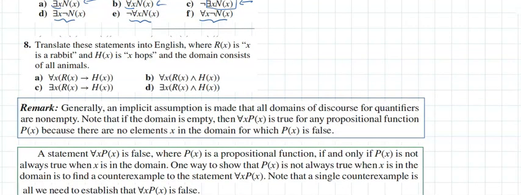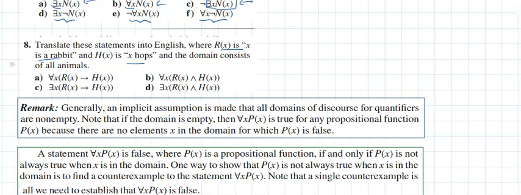Moving to 8. Translate these statements into English where R of x is x is a rabbit, and H of x is x hops. And the domain consists of all animals. All right. So in part A, this is all, right?